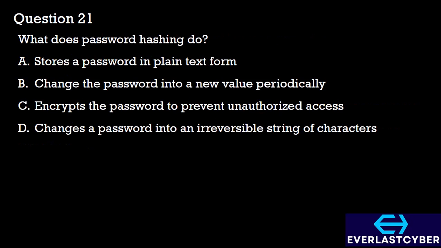Question 21. What does password hashing do? A. Stores the password in plain text form. B. Changes the password into a new value periodically. C. Encrypts the password to prevent unauthorized access. D. Changes the password into an irreversible string of characters.